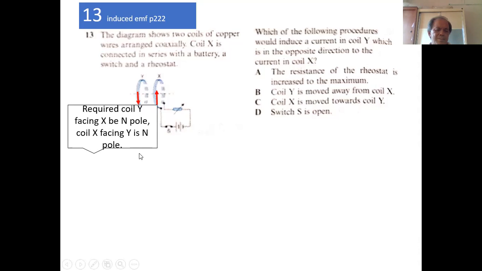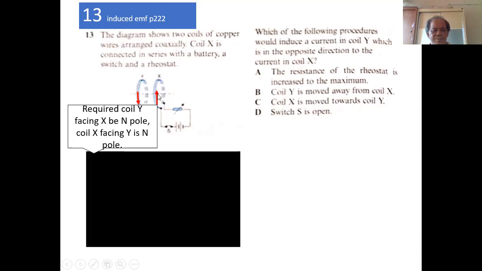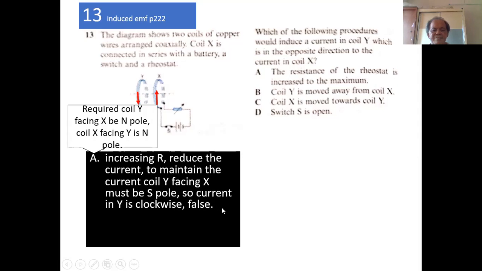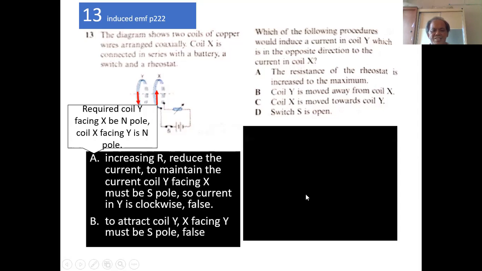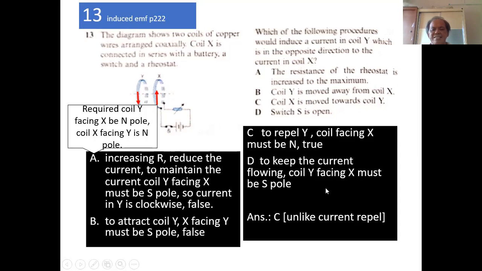If the two currents are in opposite directions, they repel each other, like one is a North Pole and one is a South Pole. So look at the situation, where is the answer? Unlike poles repel.